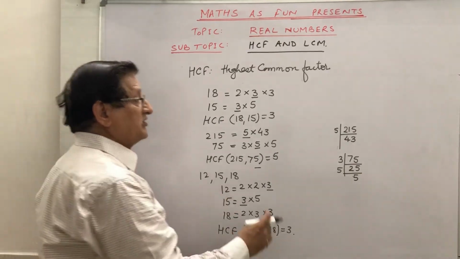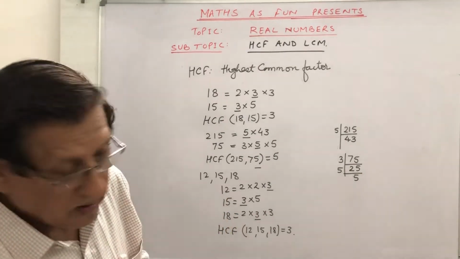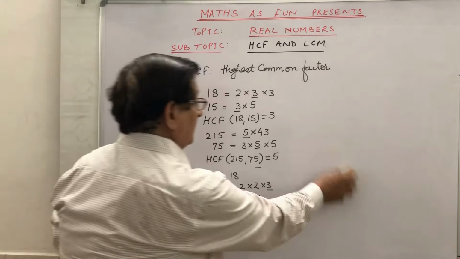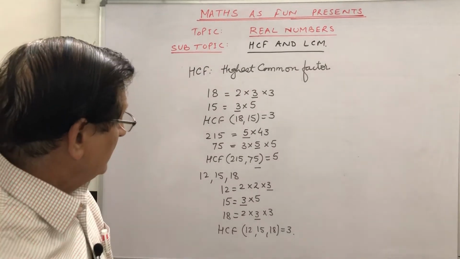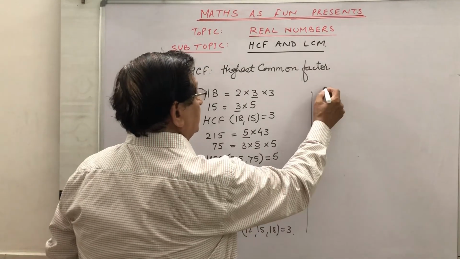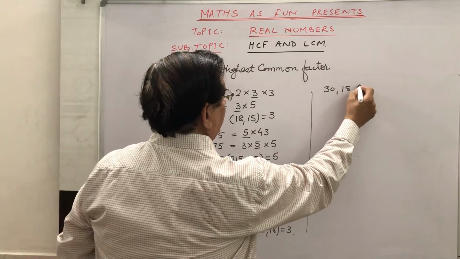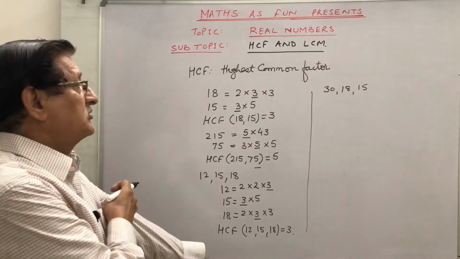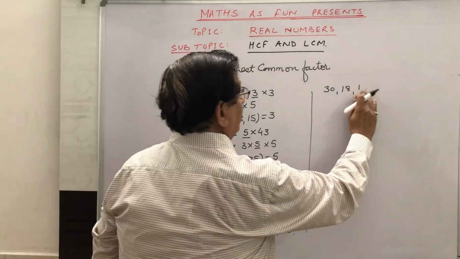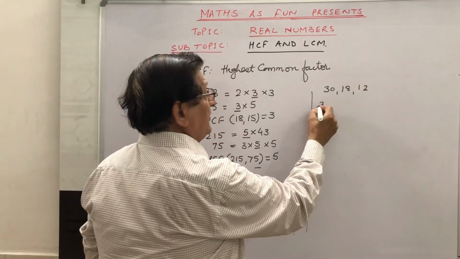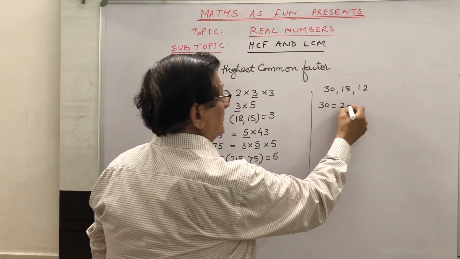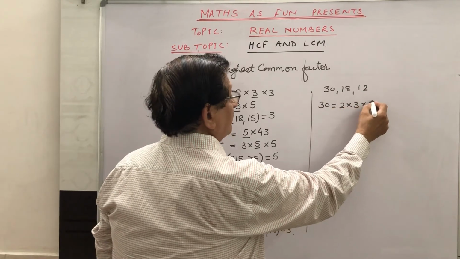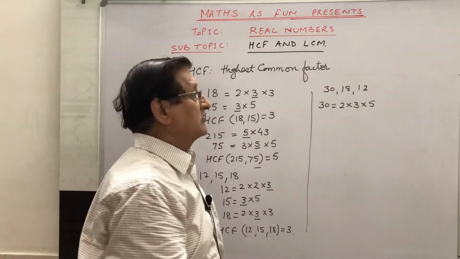Suppose I change this particular question a bit, only a bit of change I am going to make in this. 30, 18 and 12 I am taking, not 15. 30, what are the factors of this? We know it is 2 into 3 into 5. 2 3s are 6, 5 6s are 30.